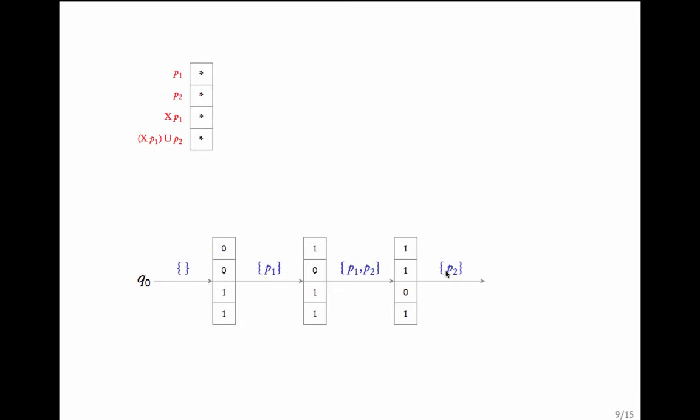It should be either the empty letter or the letter consisting only of P2. And here it has to be 1, this has to be 0, and here it has to be 1 because P2 is 1, XP1 until P2 should be 1, and here this could have been either 0 or 1. Here the automaton has guessed 1 and so on.